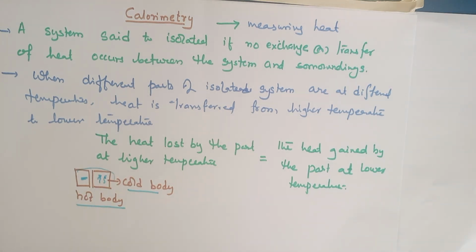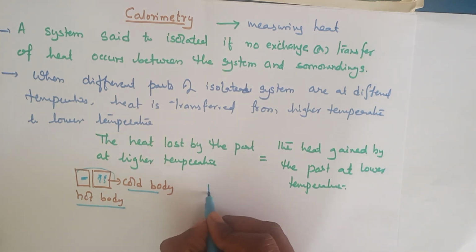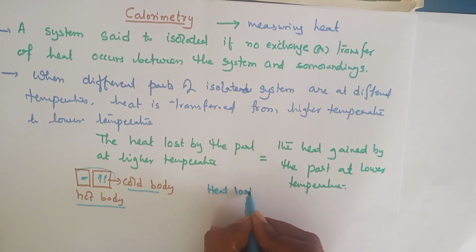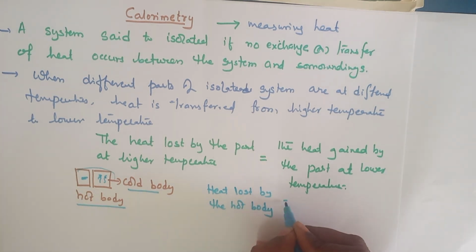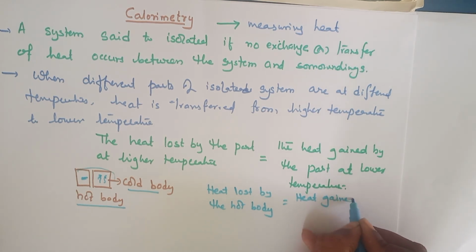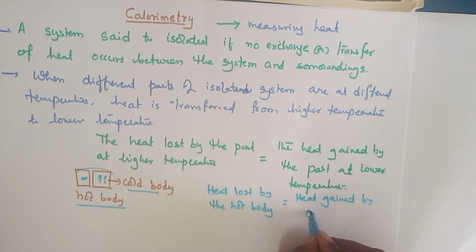Now what is the principle of calorimetry? Principle of calorimetry is heat lost by the hot body is equal to heat gain by the cold body.